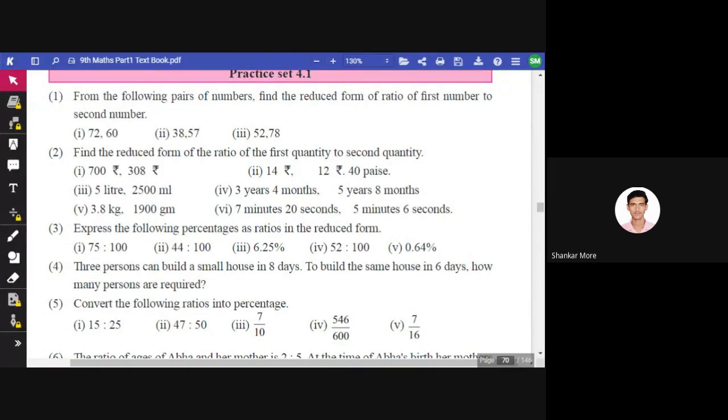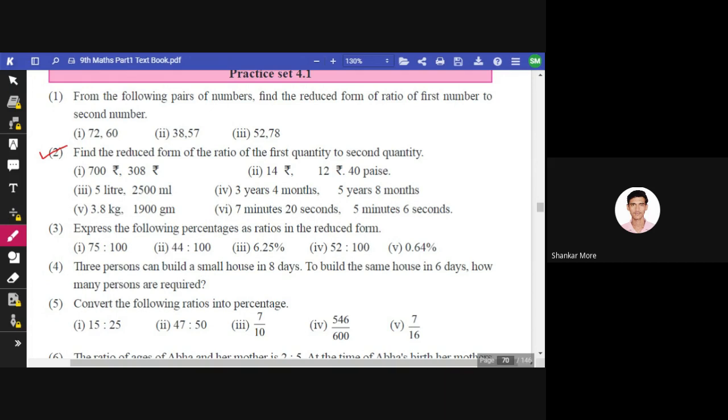What about the others? Okay, so few of you are saying half complete. No problem. So we'll take a few questions. I think question second is already done, so we'll directly go to question number three.